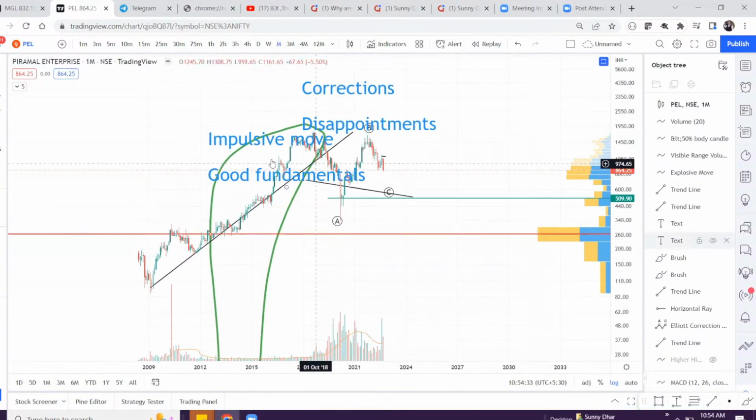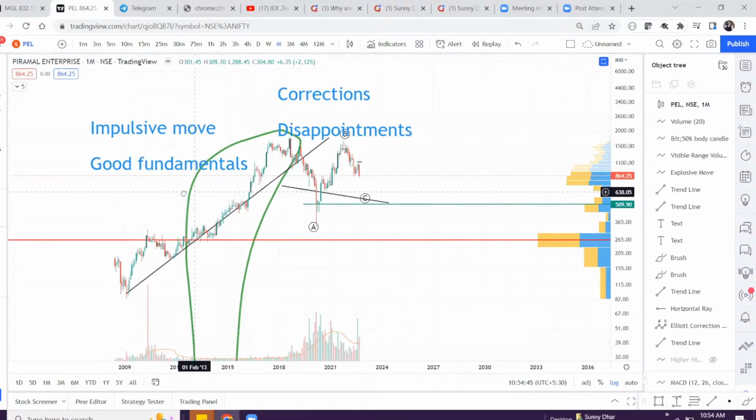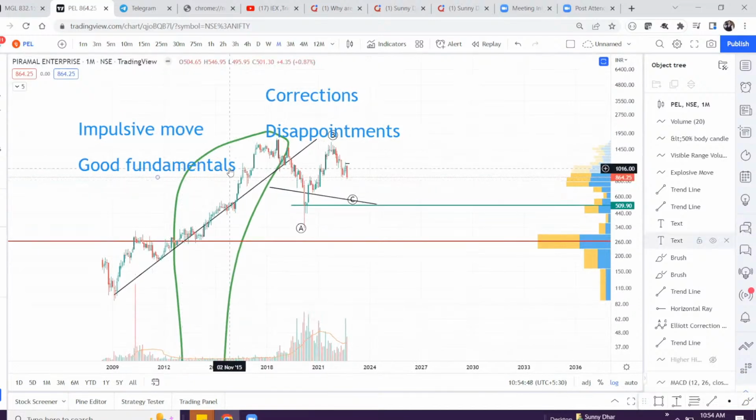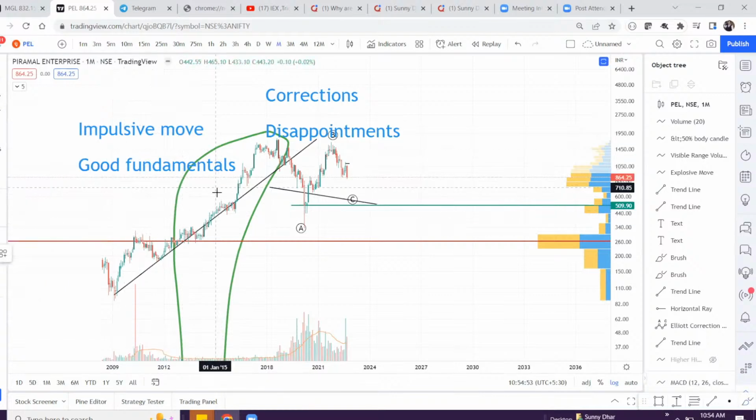Many times people say that Elliott waves cannot predict the long-term future of a stock. But the truth is, whenever the fundamentals are good for the stock, the impulsive move will never stop. The big institutions will always know that the fundamentals of the stock are strong, so they will keep moving this stock up. And whenever they expect that the stock has grown much and there is no possibility of growth as of now, the correction phase for this stock will start.